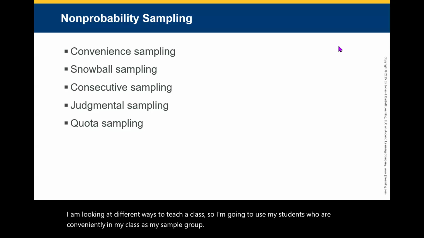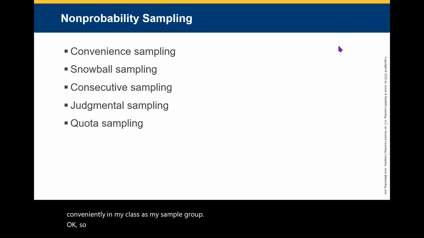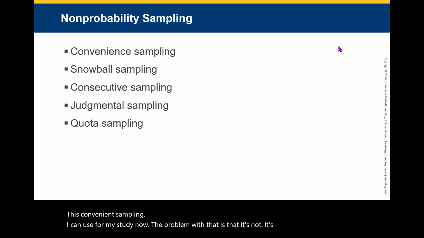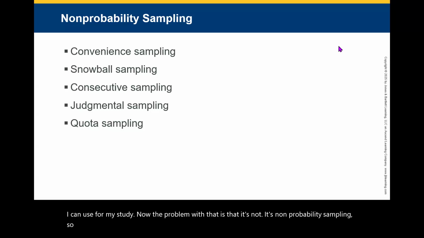Okay, so that means I have this convenient sampling that I can use for my study. Now, the problem with that is that it's non-probability sampling. So it's a very select group. So it's not random. So it might have some confounding variables in it.